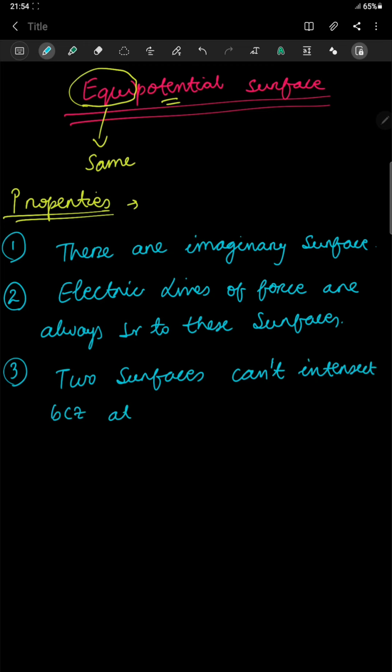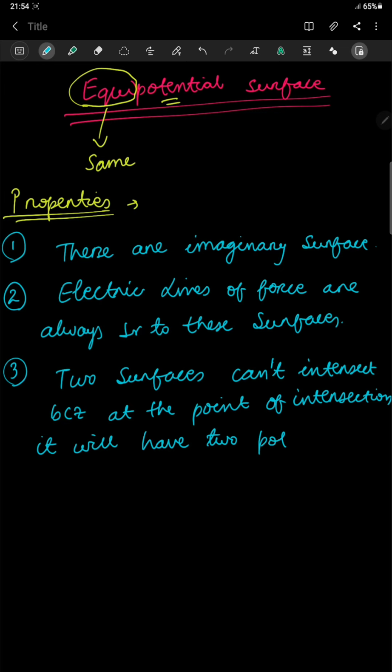Because at the point of intersection, it will have two potentials, which is not possible. So they cannot intersect.